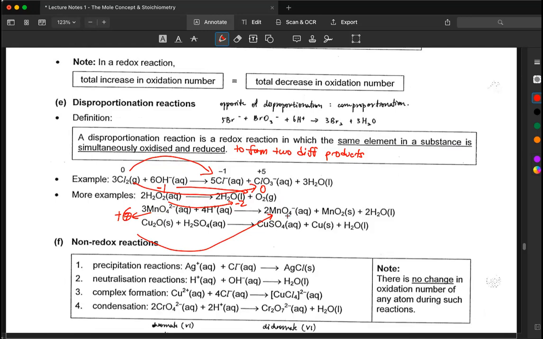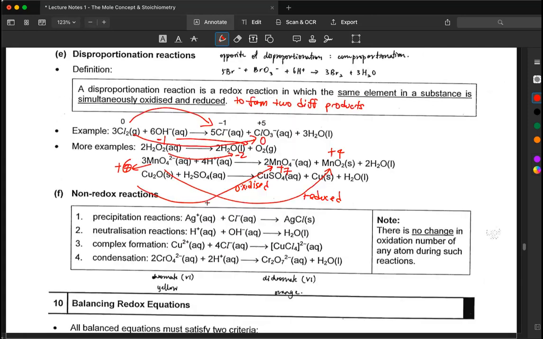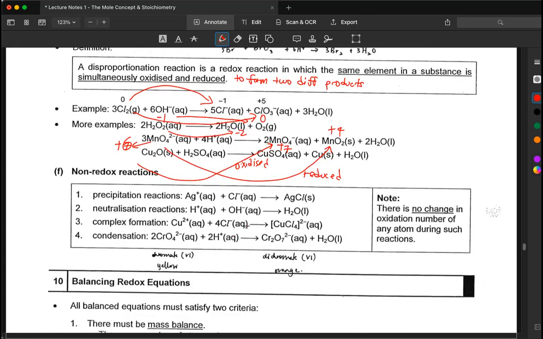So this one becomes +7. 6 minus 8, 2 minus. Here's going to become +4. So this is oxidized. Well, this is reduced. Okay? These are the non-redox reactions where there is no change in oxidation number of any atom.